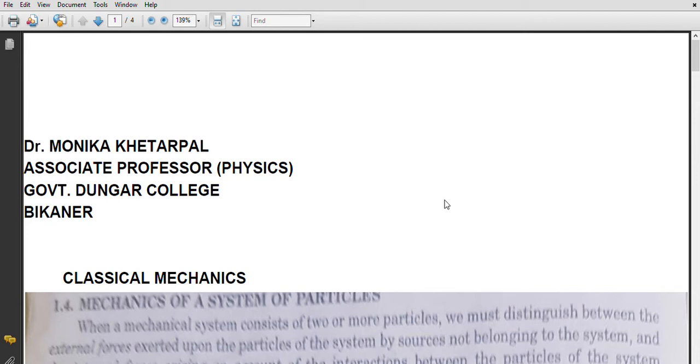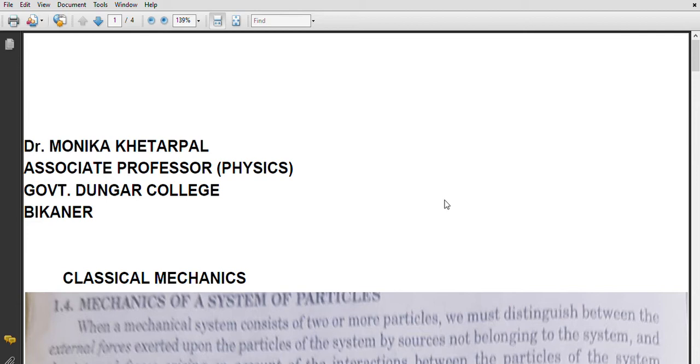When force is zero, P will be constant in motion. The second law, conservation of angular momentum, was derived: when torque is equal to zero, angular momentum will be conserved. And the third law, the conservation of energy, arises when the system is conservative in nature.